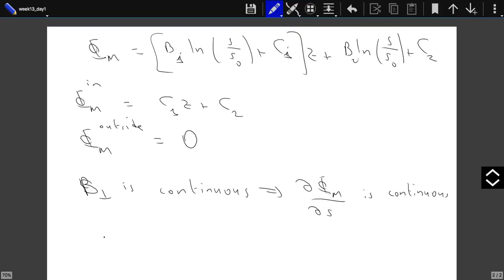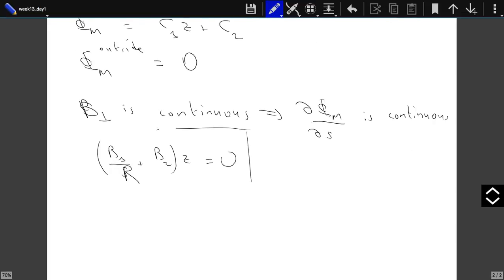Well, if you take the derivative, B_1 over S plus B_2 times z, this should be equal to 0. Well, S is R. This gives me a relation between B_1 and B_2. And the B parallel is discontinuous.